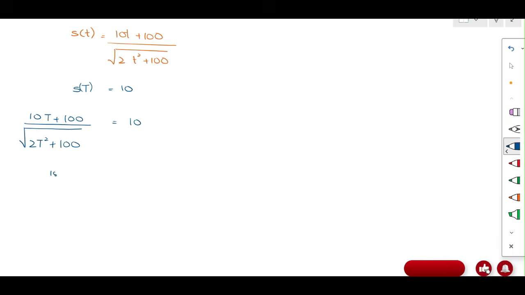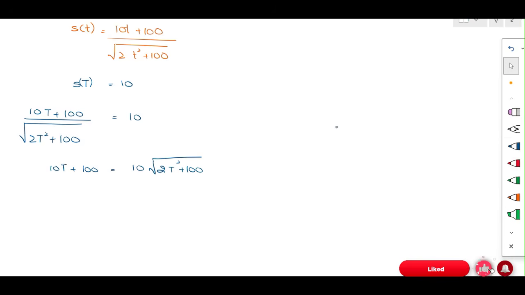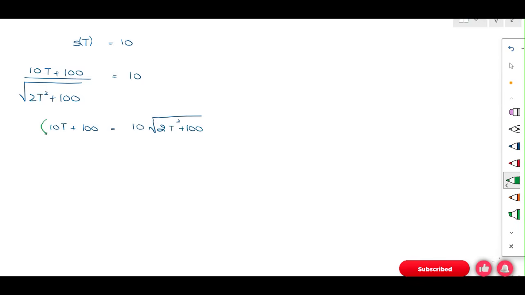So we can cross multiply: 10T plus 100 equals 10 multiplied by the square root of 2T square plus 100. Now we have to square both sides in order to get rid of the square root, right? So we have to open the square formula over here.